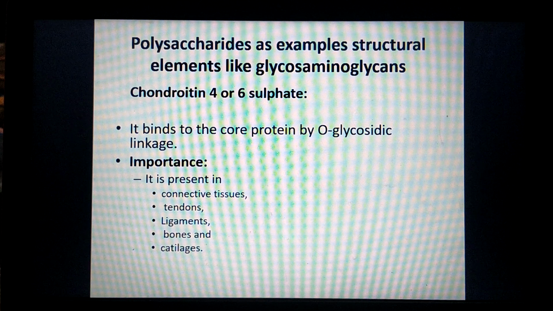In the formation of O-glycosidic linkage with protein, the hydroxyl group of serine mainly, or sometimes threonine, plays an important role.